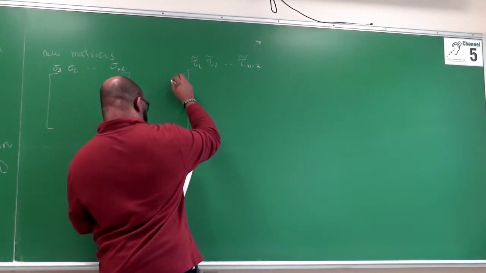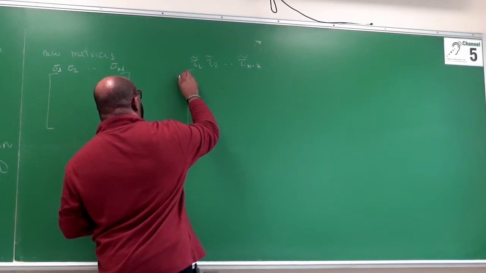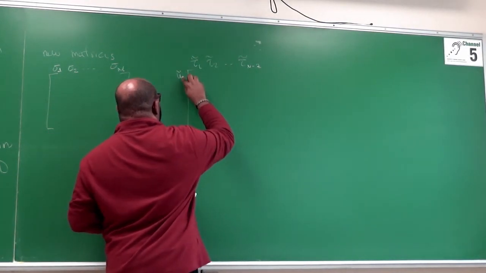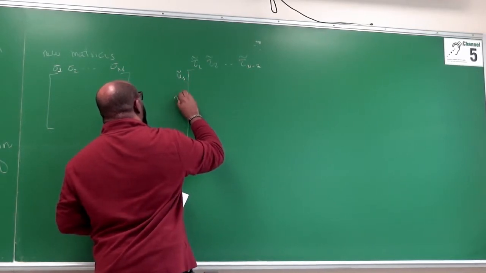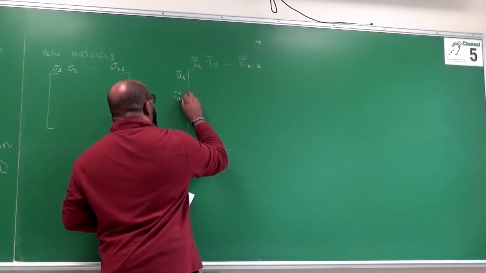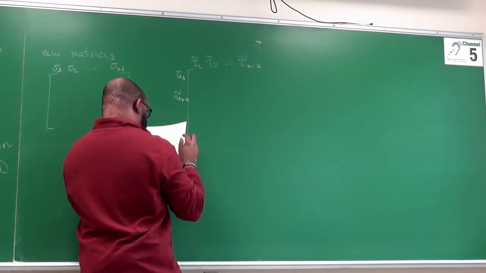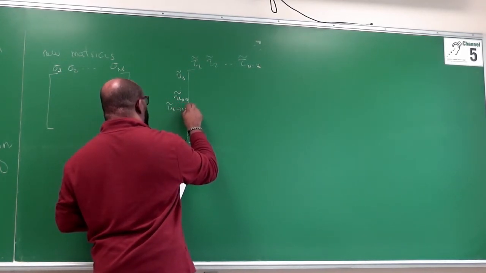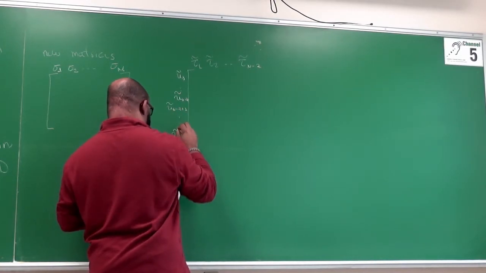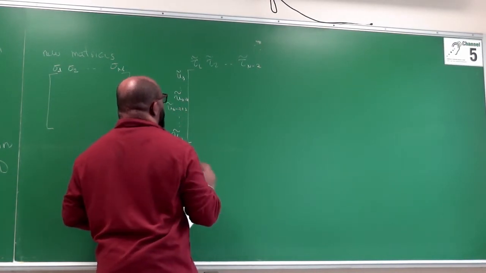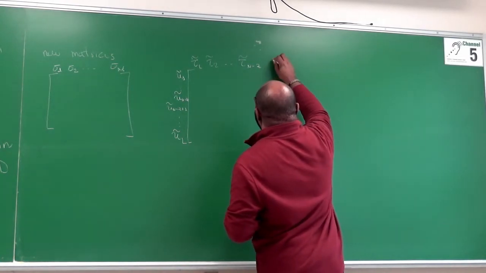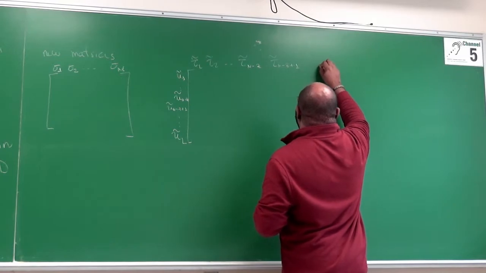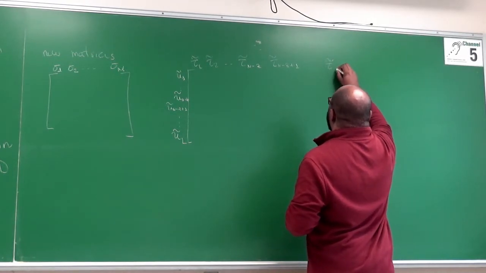And then here I have u1 through u tilde l, and then here I continue with tau n-z+1, all the way up to tau n.